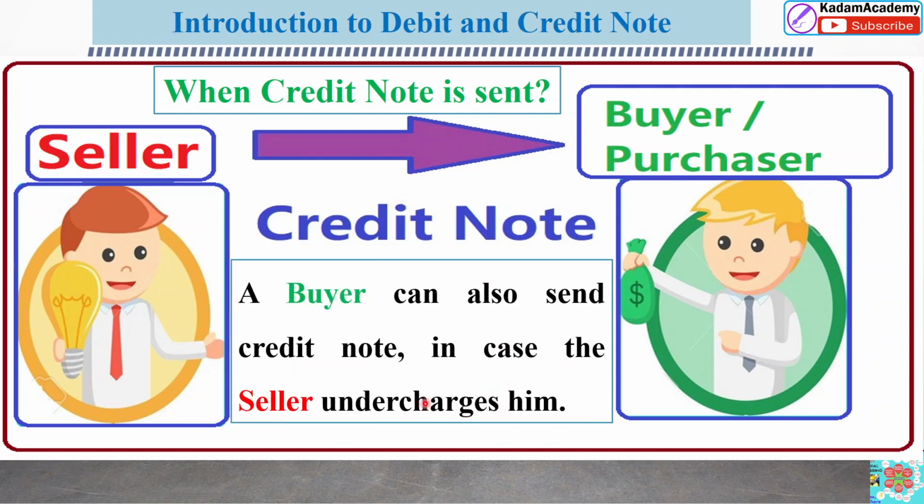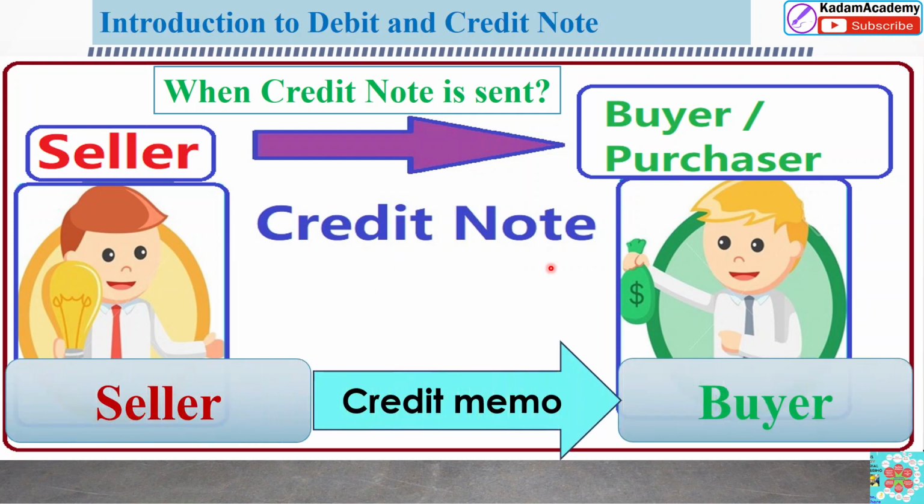One more case is that the buyer can also send a credit note in case the seller undercharges. The buyer can also send the credit note to the seller. This is a case where the seller is sending a credit memo. It requires an acknowledgement from the receiver by a debit note. This debit note will be given to the seller.